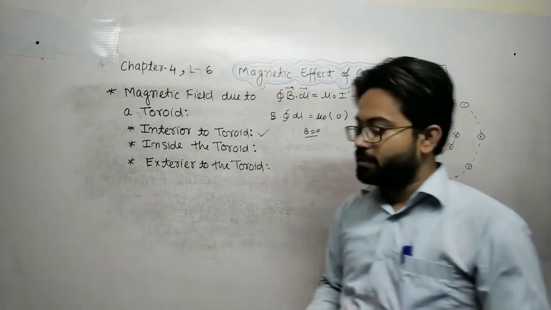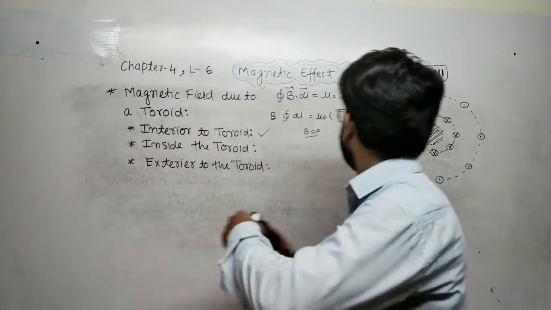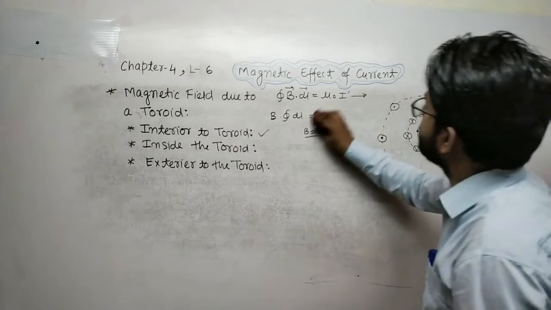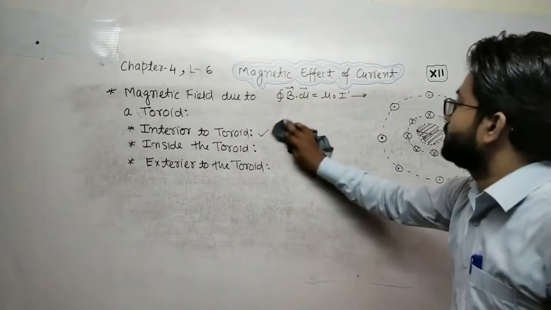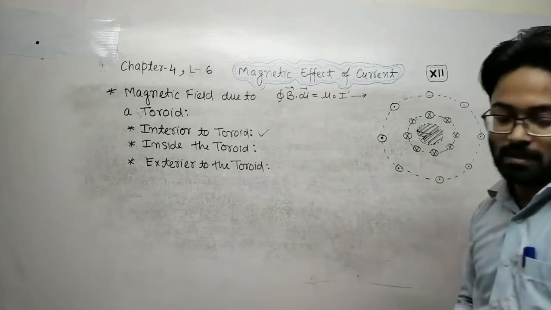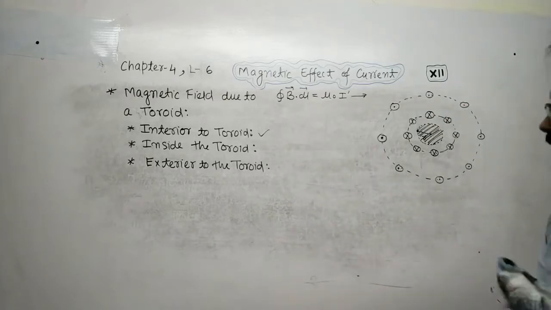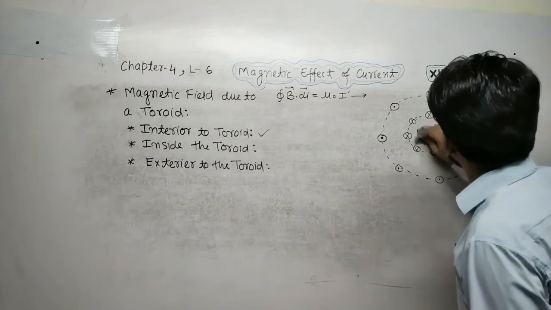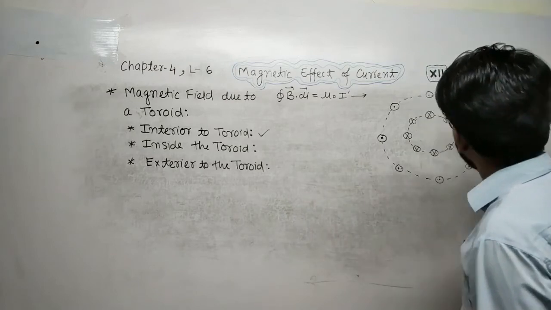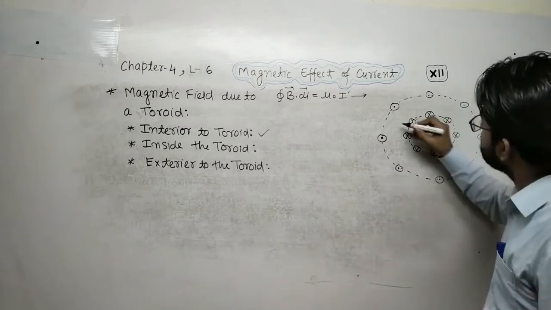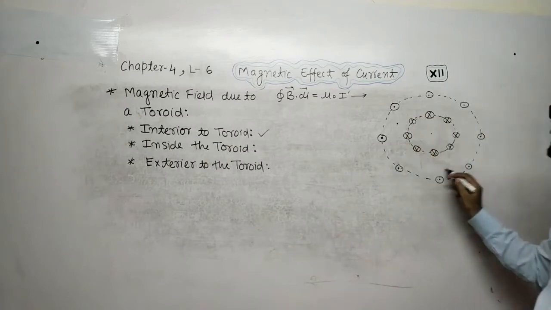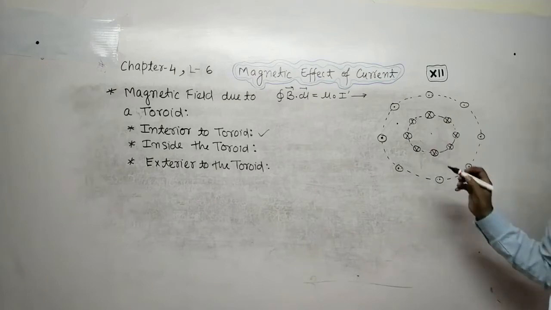Next point, that is inside. And to calculate the magnetic field inside, let us suppose this is the point that is inside the toroid.